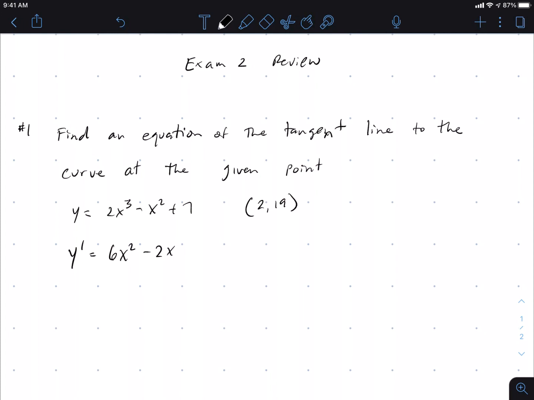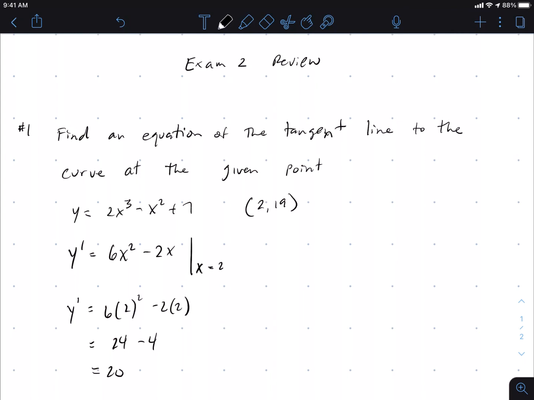And since I need the slope of this, I'm going to need to evaluate at the value for x that is 2, correct? So I'm going to evaluate at x equals 2. So my slope should be 6 times 2 squared minus 2 times 2, which is 24 minus 4, which gives me a slope of 20. Agreed?